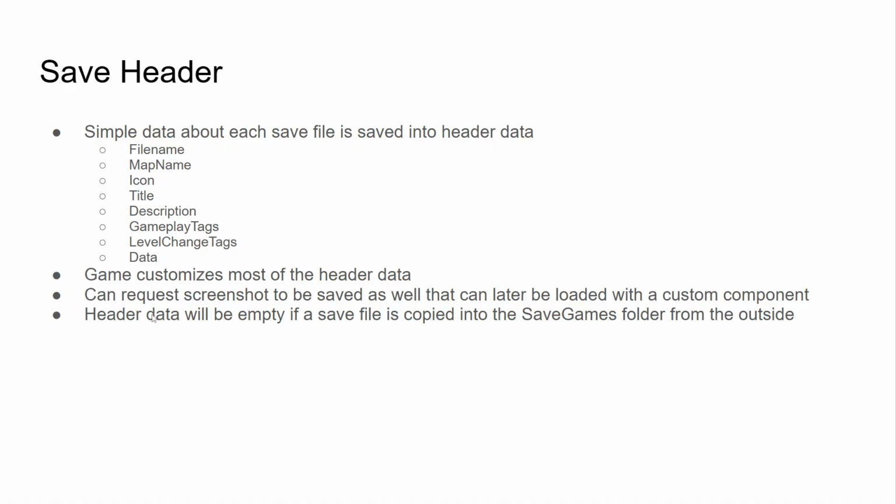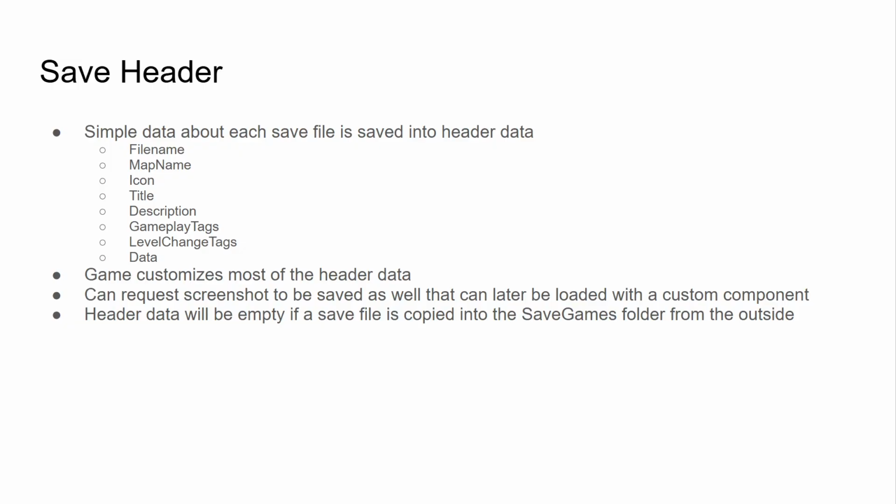This is a bit of a problem. If you copy files to the save games folder, it won't have the header data for that new save game file. Similarly, if you override an existing save game file, the data in the header file won't be up to date.